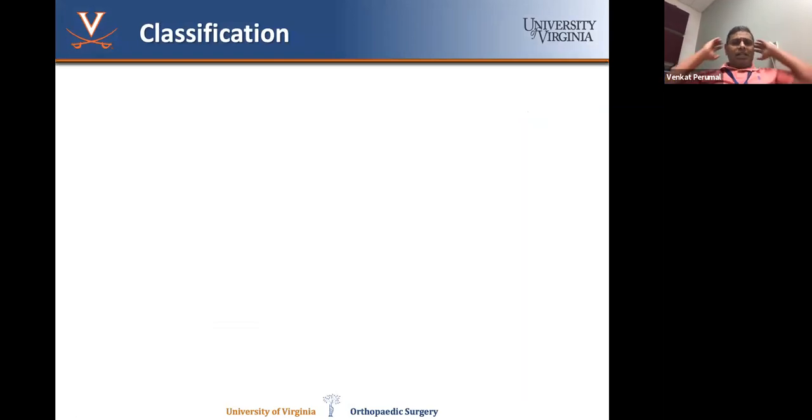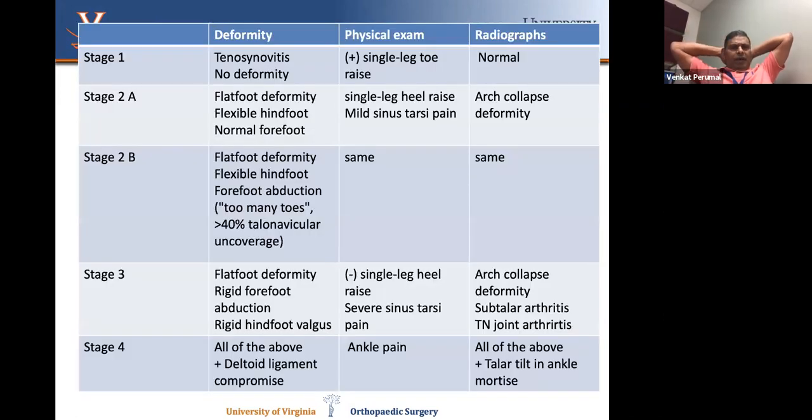So what is the classification of the tibialis posterior tendon dysfunction and flat foot? It goes from stage 1 to stage 4. Stage 1 is the mild one, and stage 4 is the worst. Stage 1 is just inflammation of the tendon. There is no deformity at all. Stage 2, there is deformity of the foot, both forefoot as well as hindfoot deformity, but the deformity is correctable.